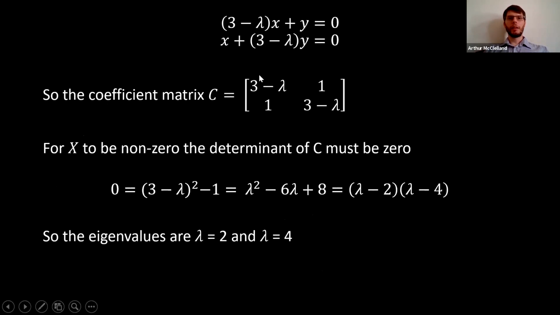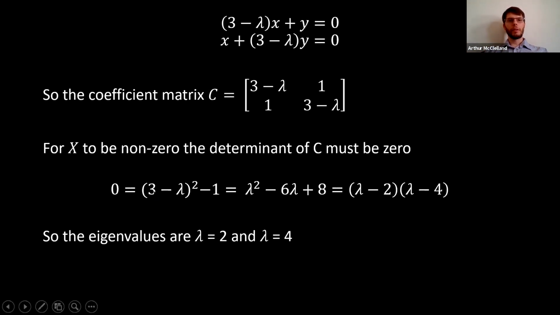We write this as a matrix C. And for x to be a non-zero vector, the determinant of the matrix C must be 0. So this is where that determinant property of matrices comes back in and is useful. In this case, we need to solve the determinant and set it equal to 0.